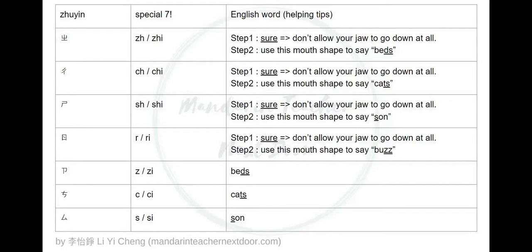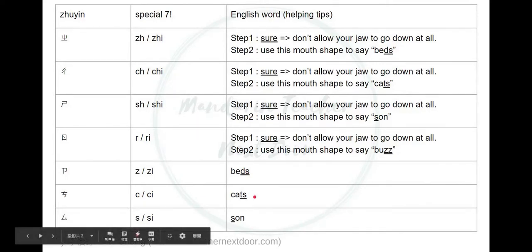So Z becomes Z. What does the Z come from? Imagine the helping tips here. You can see bats, bats, bats. Z, z, z. Bring it to first tone. Z, z.